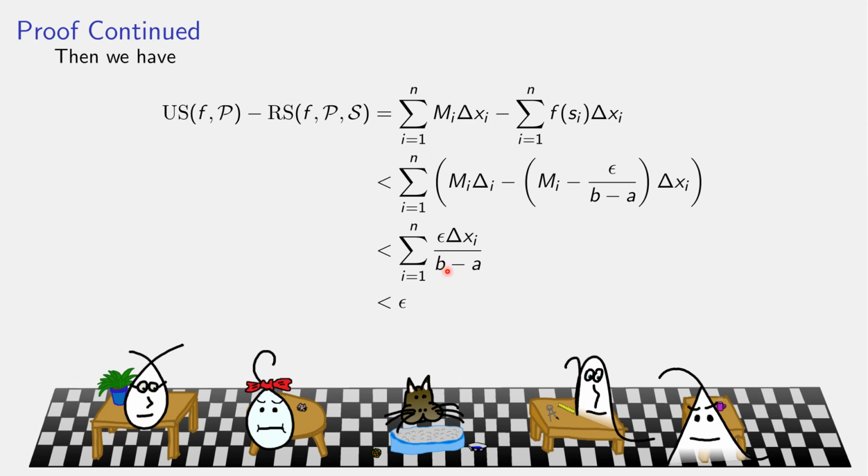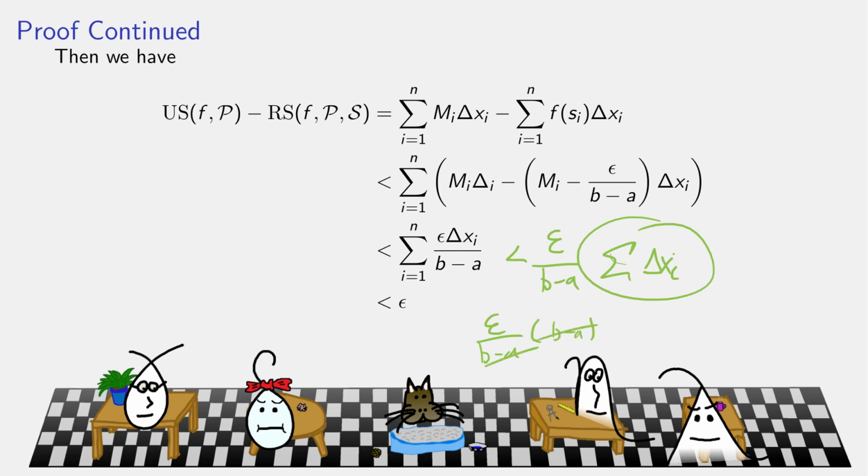This epsilon over b minus a is now a constant that can be factored out. So I can say this is epsilon over b minus a, and now I have the sum of the delta xi's. And what's the sum of the lengths of all the pieces? Exactly b minus a. Then the b minus a's cancel, and we have this distance being less than epsilon.